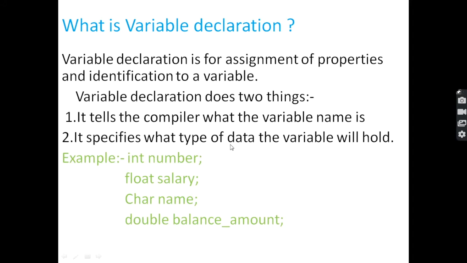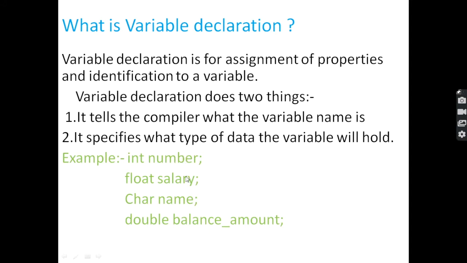Next, it specifies what type of data the variable will hold. Suppose we want to declare a number type variable, such as number, roll number or marks. Before the variable name we use the int data type, because number is an integer type variable.